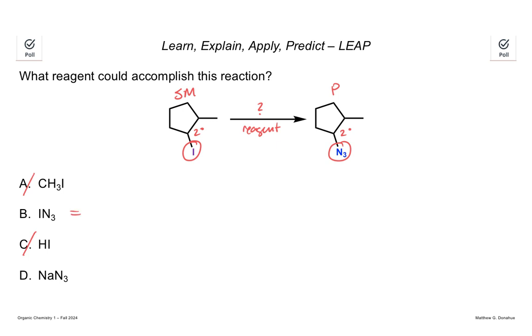But if you convert that one into the Lewis dot, you'll see that there's a bond between iodine and one of the nitrogens. Whereas with D, you have Na plus N3 minus, so that's ionic. So that would be the preferred reagent for an SN2 reaction. You have a strong nucleophile, the lone pair on nitrogen is exposed, it can do the displacement.